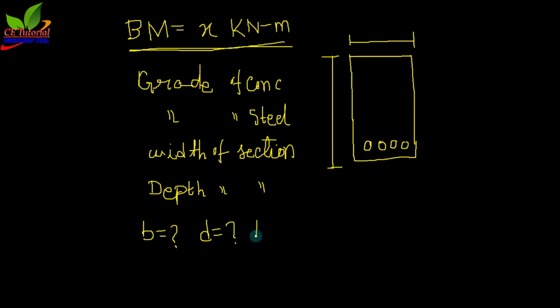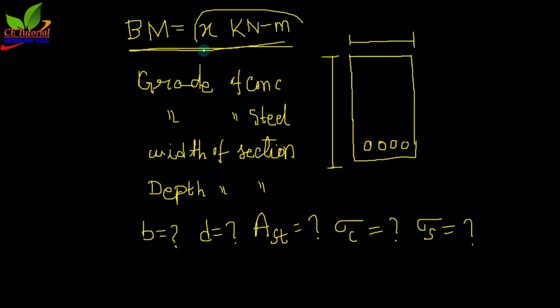Now we have to calculate AST also, this is also unknown, and we don't know the sigma C value, that means grade of concrete, stress of concrete, and we don't know the stress of steel value. All those parameters we don't know, we have to find out. We know only the bending moment, and we have to design this section.